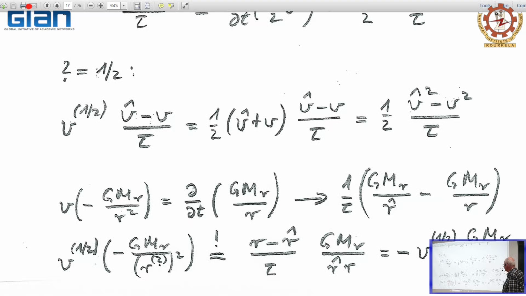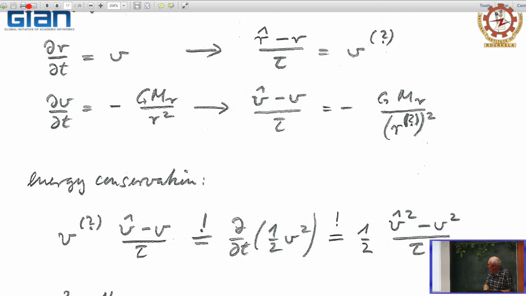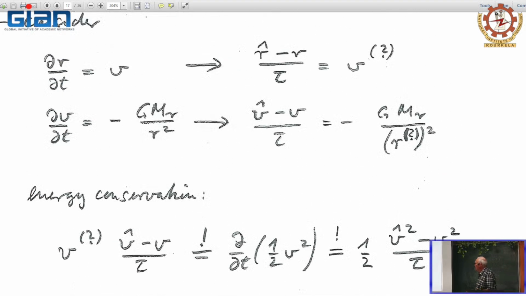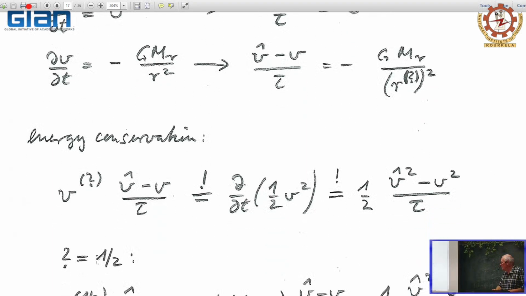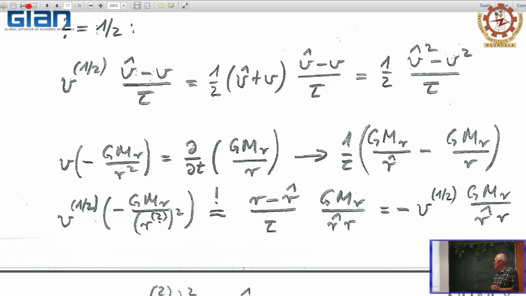Okay, so this means this (r minus r hat) over tau is, according to our previous result, well, we have found out that in this equation v has to be inserted with weight 1/2. So v 1/2 is (r hat minus r) over tau. So we have here, we replace (r minus r hat) over tau by minus v 1/2 times GM over (r hat times r).